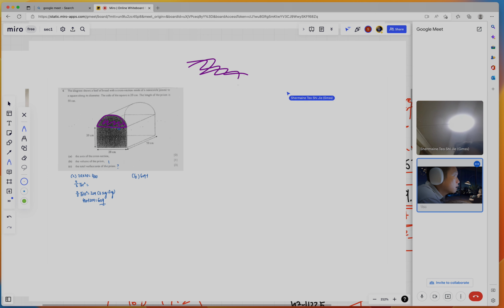I'm here there. Yeah. Can you see a semicircle here? Yes. And what else do you see? Can you see a square? Yes. Good. That's it. So this is called a prism.